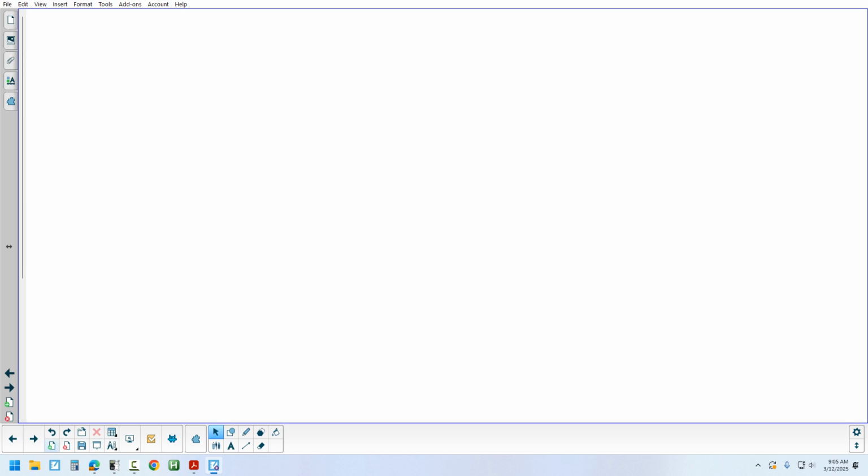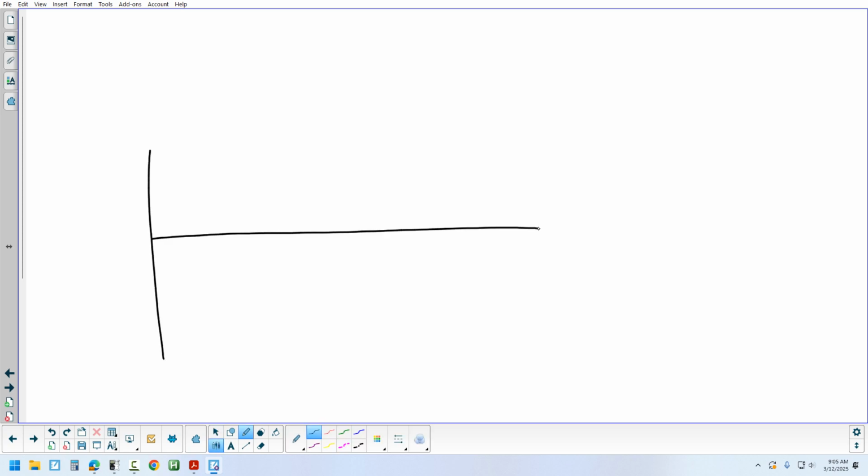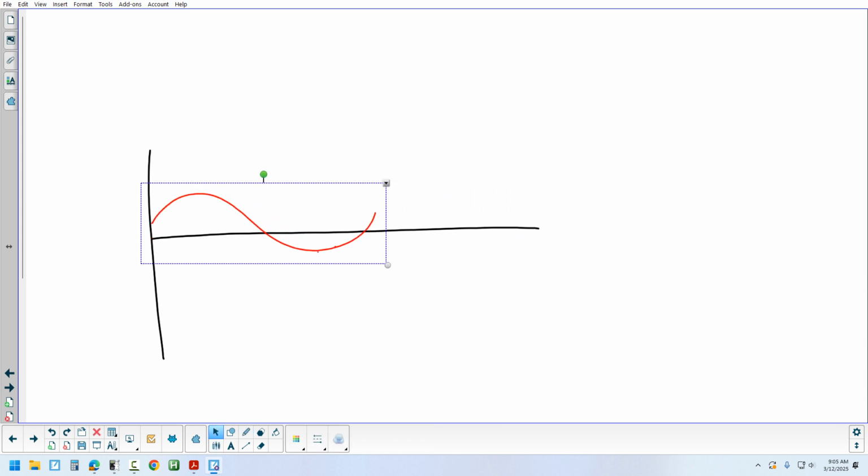Let's look at this. Let's draw this just like that. Okay, let's take this graph and see if I can compress it. Oh, it's not letting me.